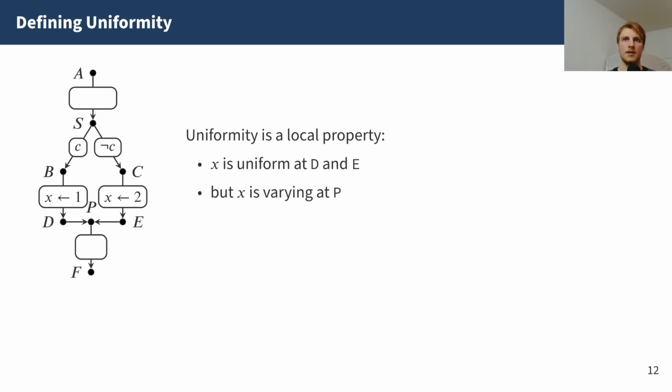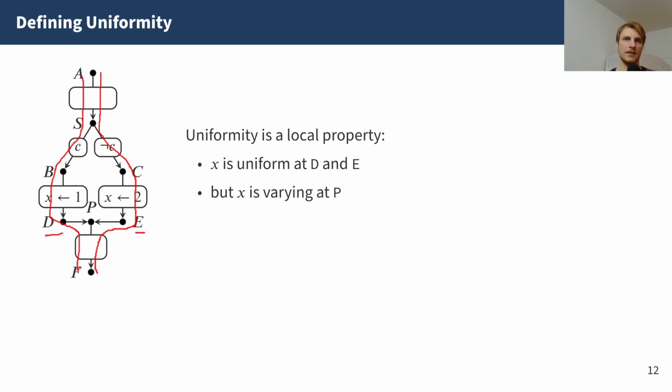To achieve this precision, it is important to get the definition right. Uniformity is a local property on variables. So if we consider, for example, these 2 traces, then X is uniform at D and also at E, because all traces that do reach D or E do agree on their values at this specific point.